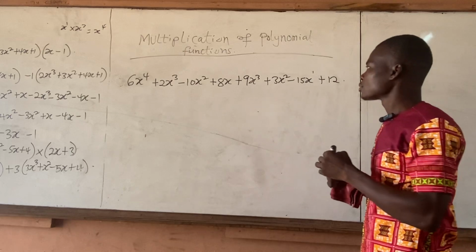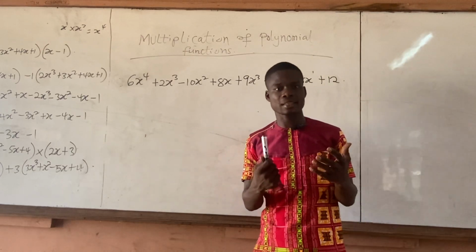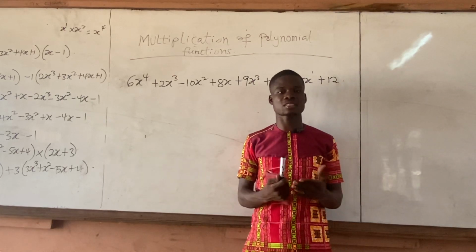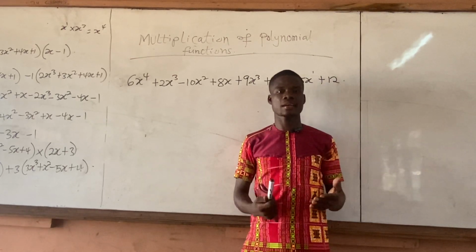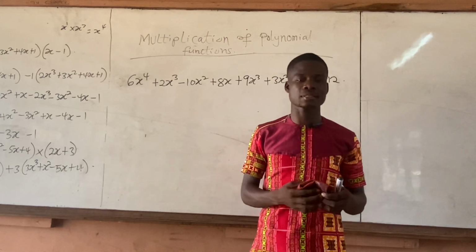Now, let's take our time and group the like terms. Use the exponents to group the like terms.